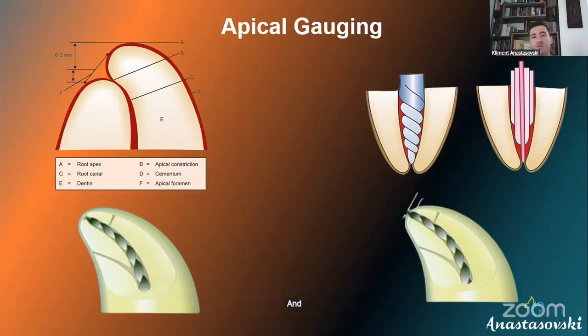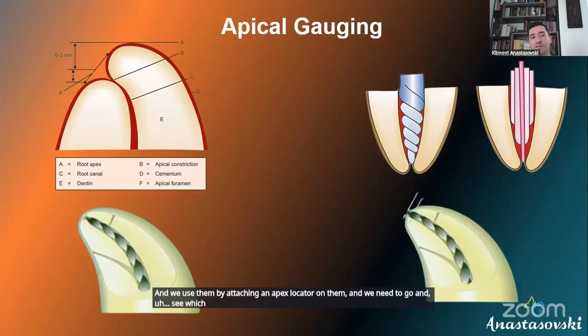We use them by attaching an apex locator on them, and we need to see which hand file ends the most apical and has a great apical tugback when we try to take out the hand file.